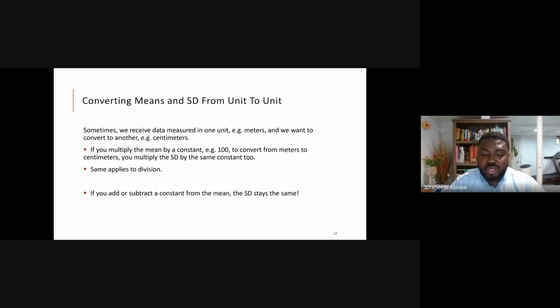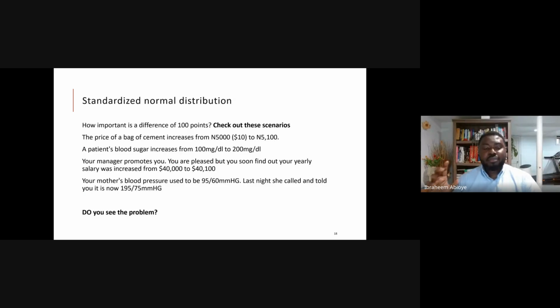What do you do to the standard deviation? If you multiply by 100 for meters to get centimeters, all you need to do for the standard deviation is also multiply by 100. You will find this useful as you go along: generally, whatever you do to the mean to change from unit to unit, you do to the standard deviation, and it's the same value. Okay?